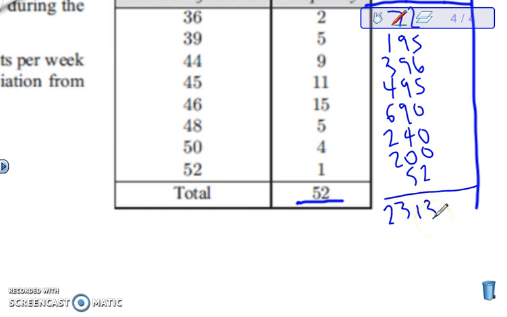Divide that by 52, and that's our average. So I'm going to go ahead and write over here the average is 44.48.